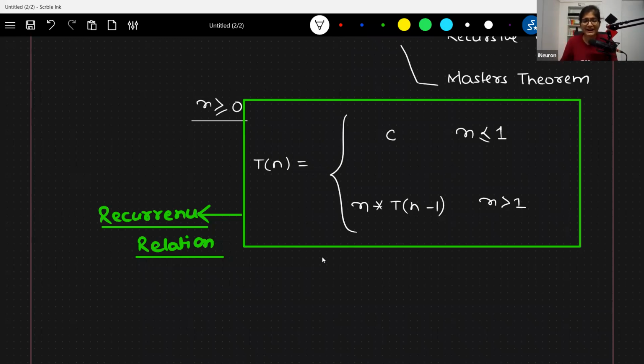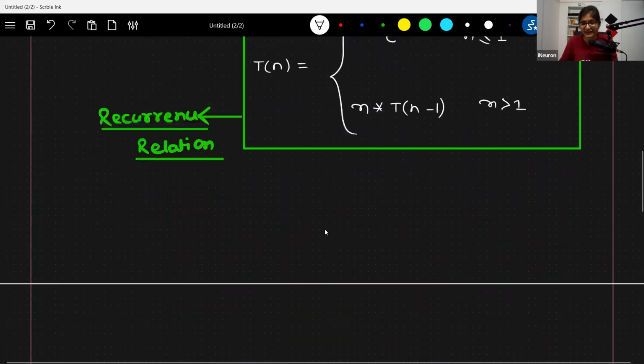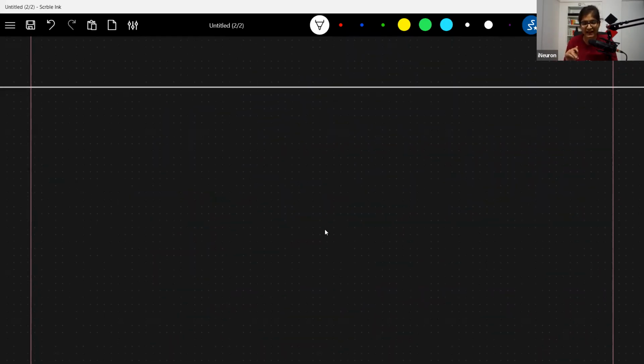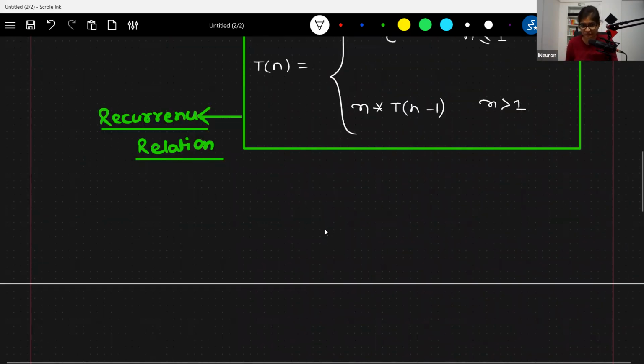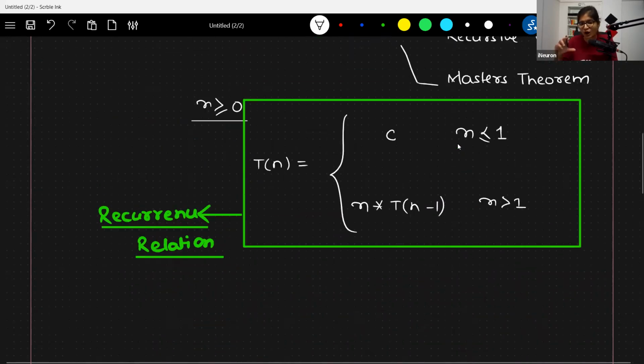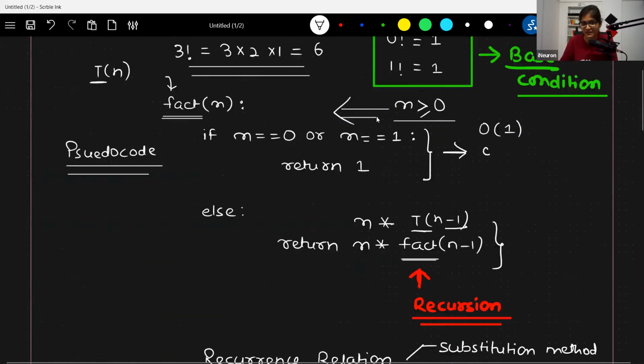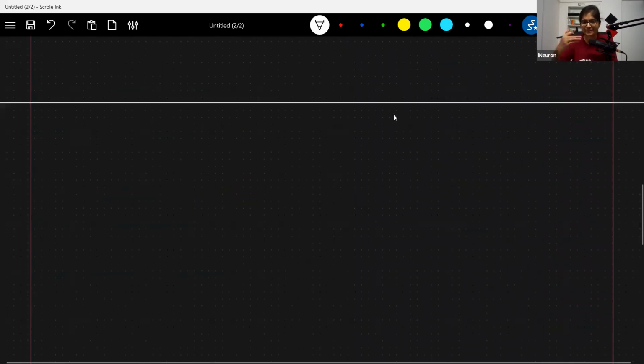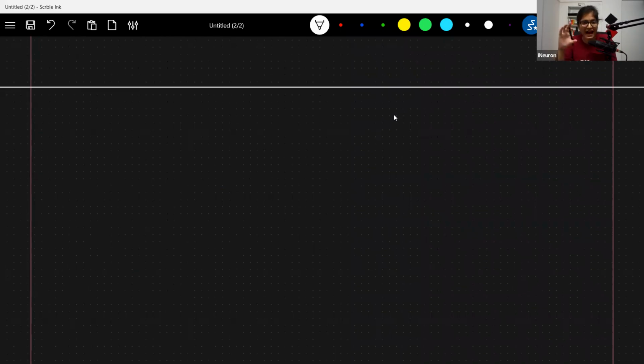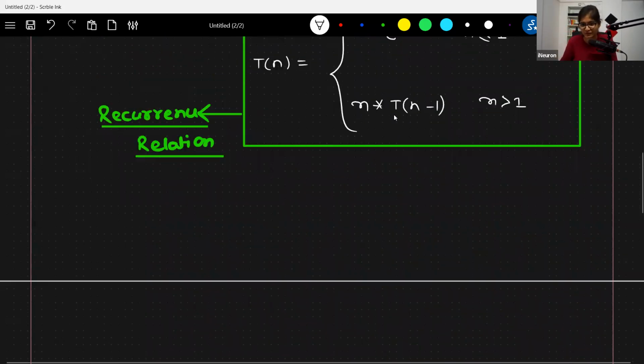But here the point to understand is that in our session, I will try to give you this kind of recurrence relation directly. So you don't need to understand here how this recurrence relation is coming. For example, here I have shown you how this comes up, but in the upcoming examples in this session, I will directly write the recurrence relation, and then we will understand how we can solve it using the substitution method.